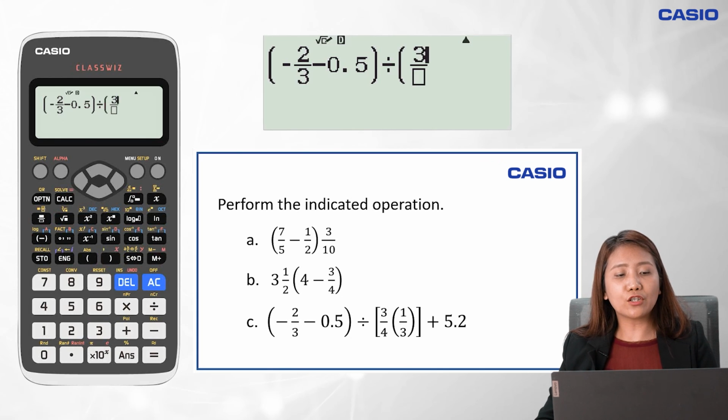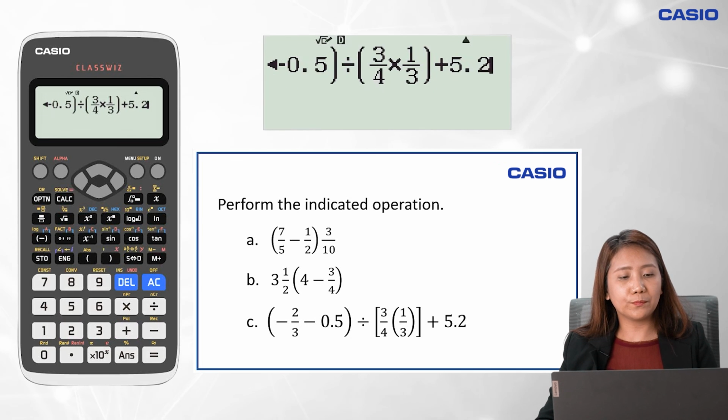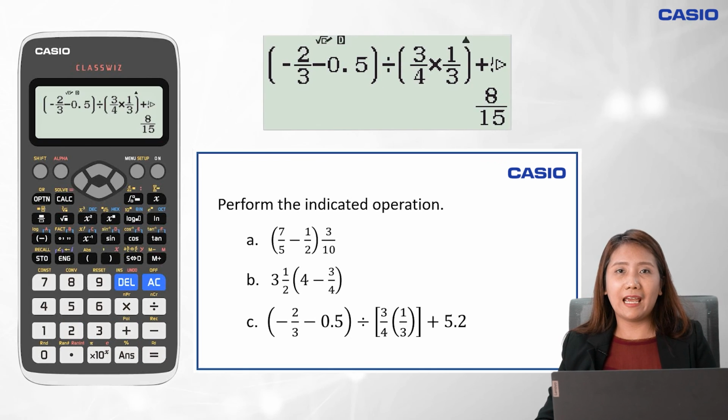So we key in the fraction 3 over 4 times 1/3. So we key in the fraction 1 over 3. Then arrow right and close the quantity. Then we click on plus 5.2. To answer the series of operations, we click on equal sign, and the value of the expression is 8 over 15. That's it for now.